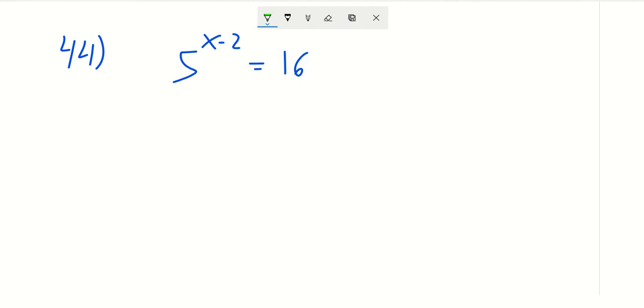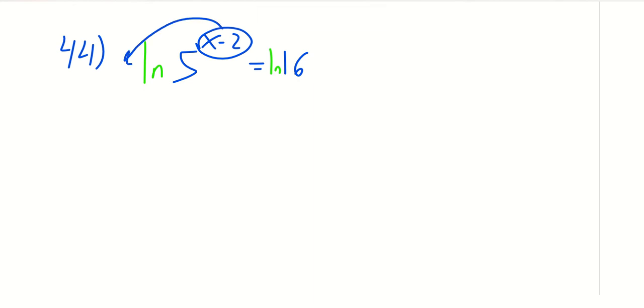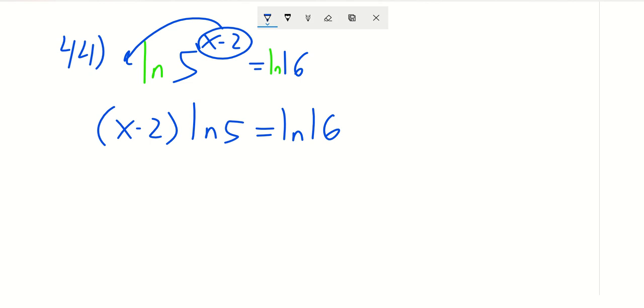It's not possible to write both 5 and 16 as the same base. So let's go ahead and start by taking the natural log of both sides. This will allow us on the left-hand side, because of properties of logs, we can use the power rule to bring that x minus 2 out in front so that we have x minus 2 times the ln of 5 equals the ln of 16.